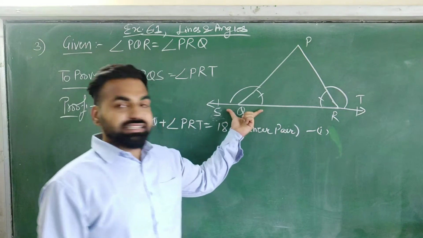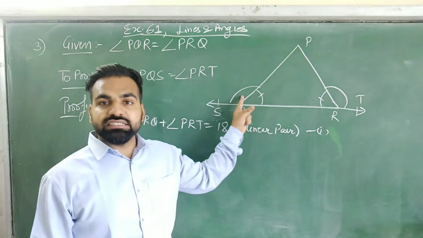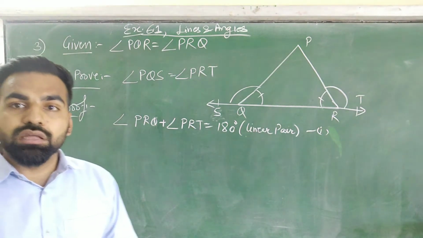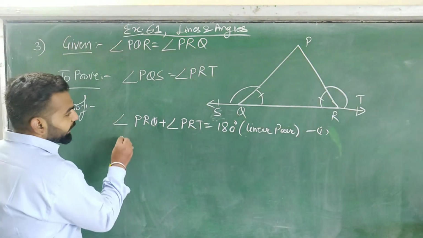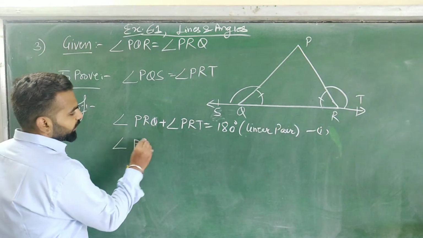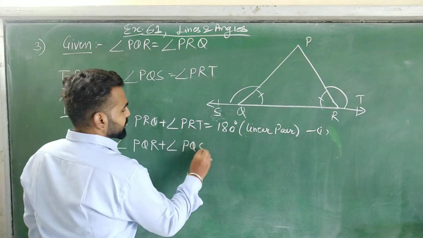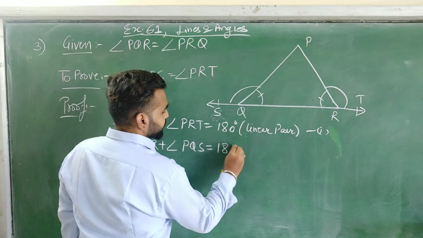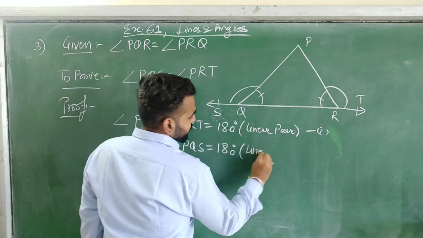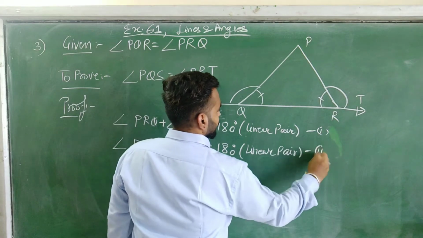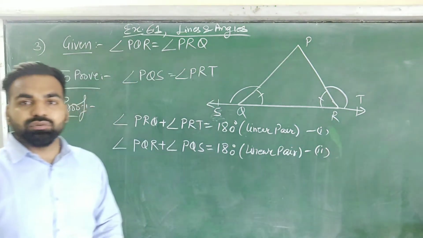Same here we can see that the sum of these two adjacent angles will also be 180 because they form a linear pair. So we can write angle PQR plus angle PQS is 180, linear pair. This is the second equation.